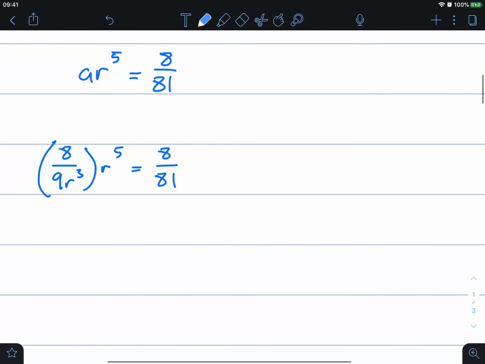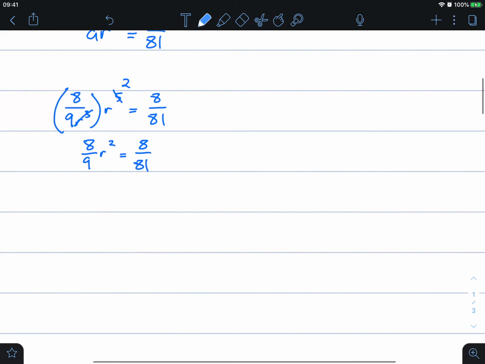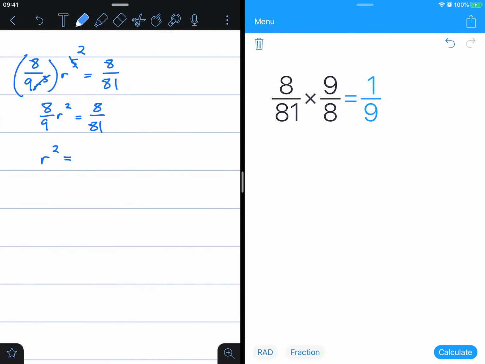This r cubed can cancel with 5 of them here. So this gives us r squared, which leaves us with 8 over 9 times r squared is equal to 8 over 81. To get rid of this coefficient, times by 9 divided by 8, we get r squared is equal to 8 over 81 times 9 divided by 8, which gives us 1 over 9.